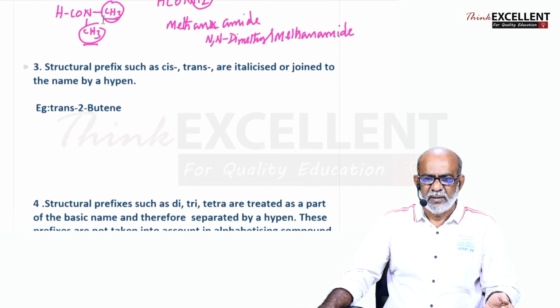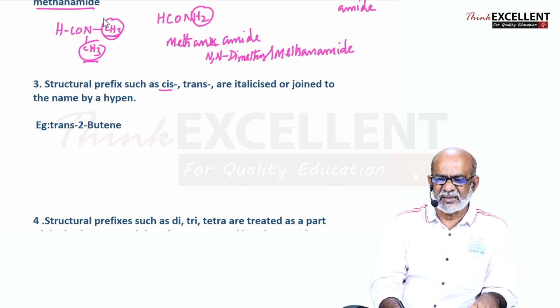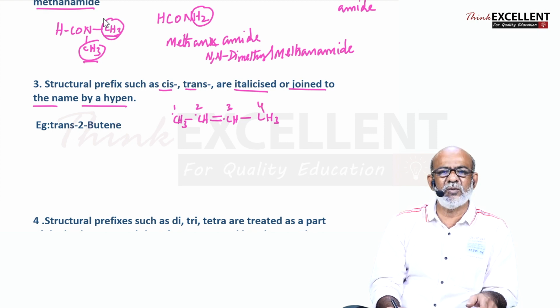Next, structural prefixes such as cis and trans are italicized or joined to the name by a hyphen. For example, you know butene. CH3, CH, CH, CH3. I take this as 1, 2, 3, 4. What's the root word?